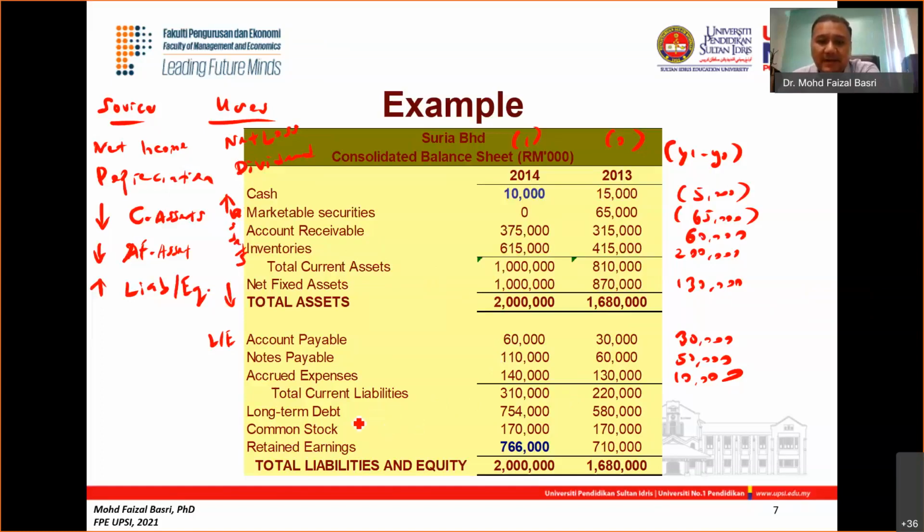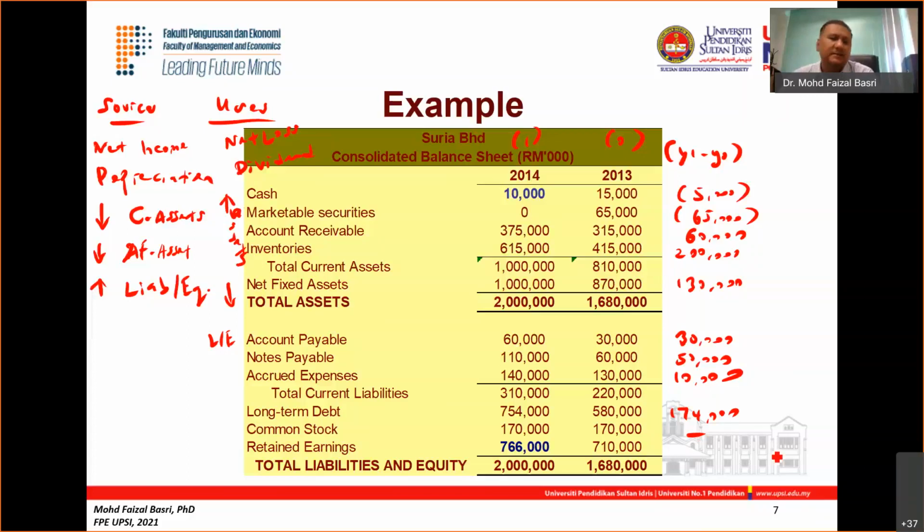And then we have long-term debt. The value, 754,000 minus 580, so 174,000. Common stock, there's no changes, 170 to 170. For the sake of calculation, I just calculate the RE as well, even though it will not be part of it.